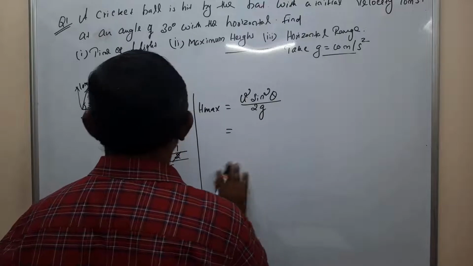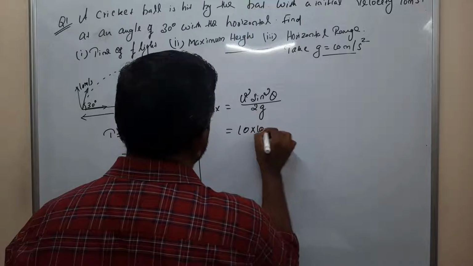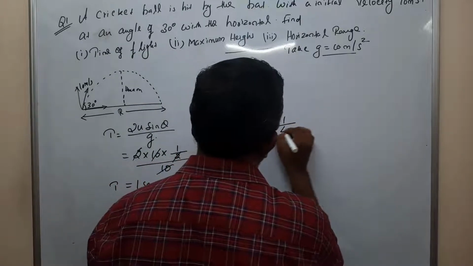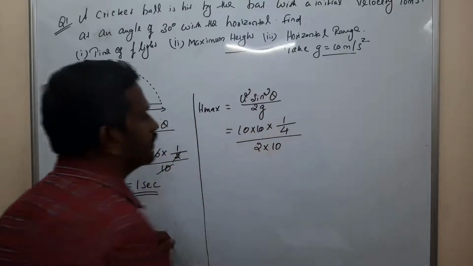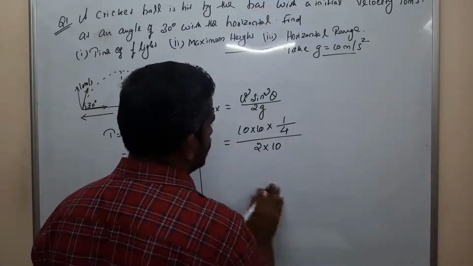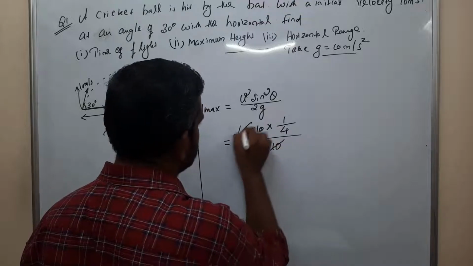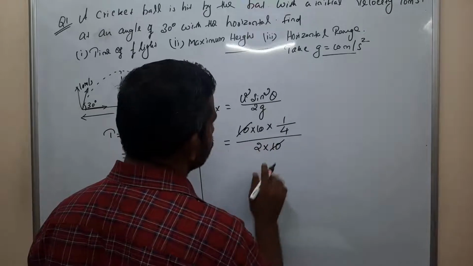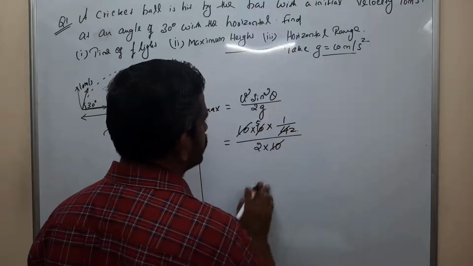So that's equal to u square, 10 into 10, into sin square theta, sin 30 is 1 by 2, so that is 1 by 4, divided by 2 into 10. This 10 gets cancelled. So 5 times, then 2 times.